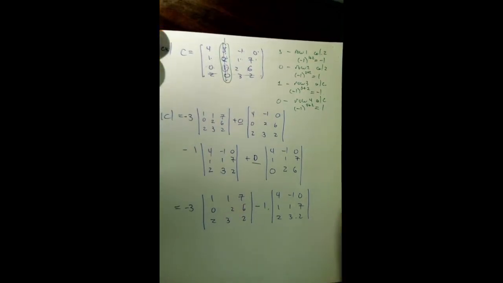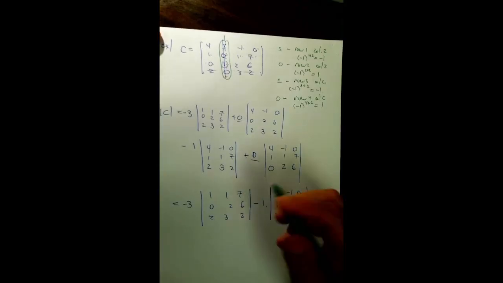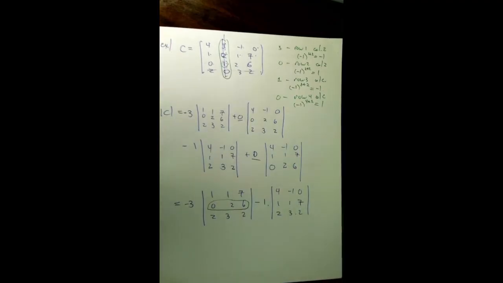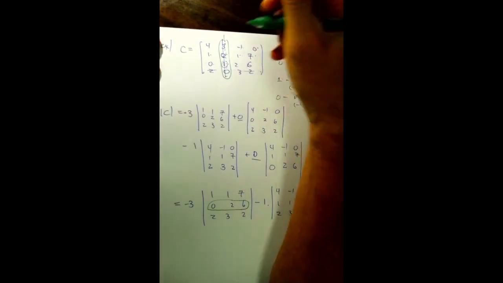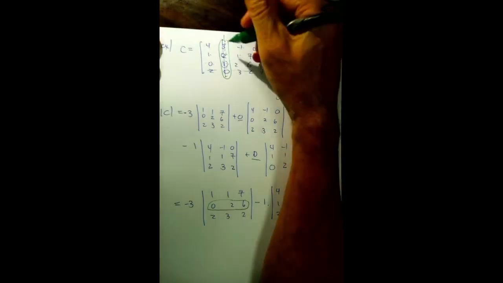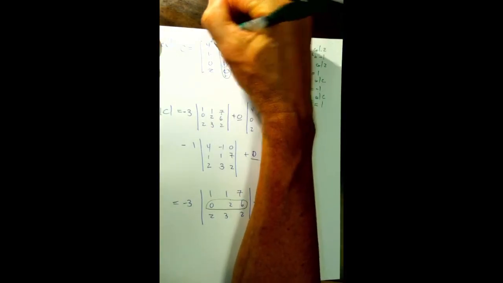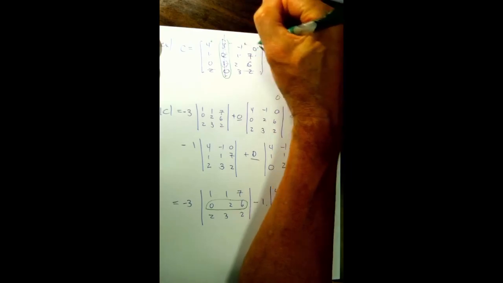So now I've got the determinants of 3 by 3s. Let's see. I like that row because there's a 0 there. And I'm basically starting over. Now notice, because I'm basically just increasing each row or column each time, if I would have gone across that row, it would have been plus, minus, plus, minus.